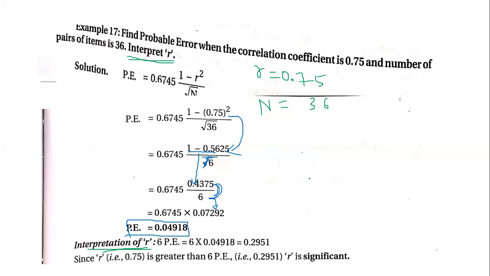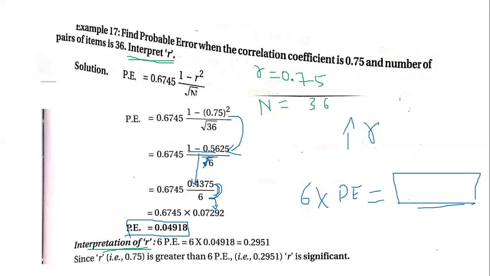Now I have got the probable error value. How do I interpret this? We saw in the second slide of probable error that we have to multiply the probable error 6 times. If the value you get is more than R, then R is significant. If it is less than R, then R is not significant. I'll repeat this.